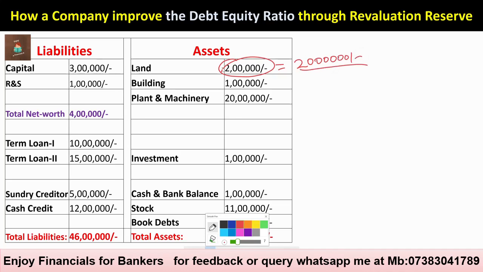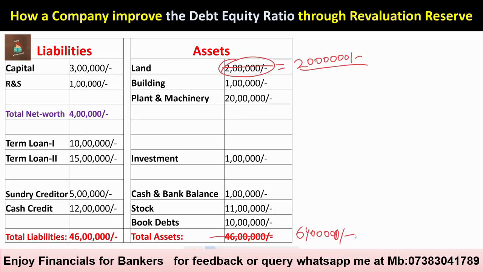So instead of 2 lakh rupees, the company will write the land valuation at 20 lakh rupees. The moment they write 20 lakh rupees, the size of the balance sheet will also increase from 46 lakh to 64 lakh rupees, right?